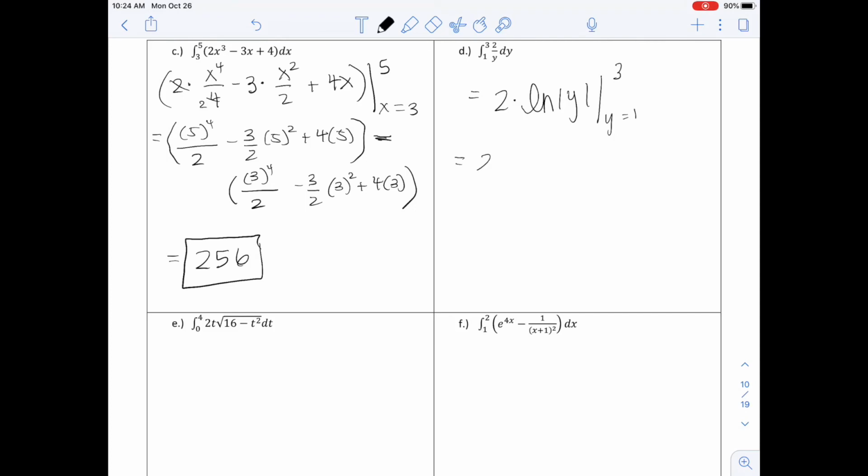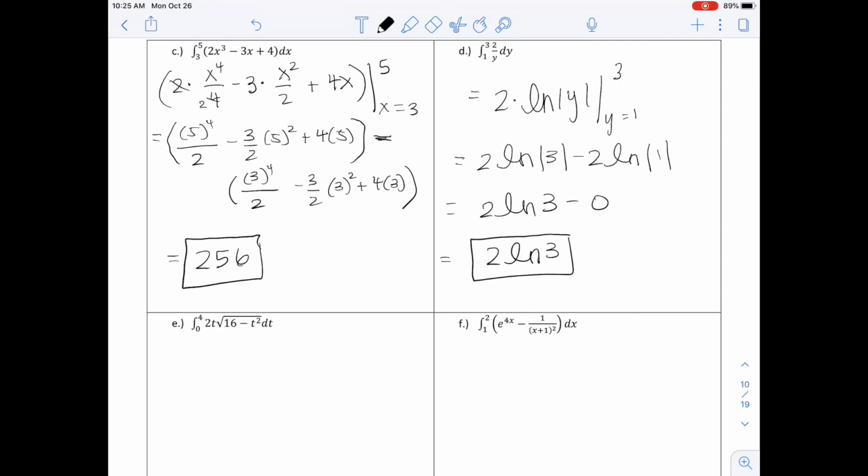From here, using the fundamental theorem of calculus, I'm going to have 2 times ln of the absolute value of 3 minus 2 times ln of the absolute value of 1. So we have 2 ln of 3 minus, and ln of 1 is just 0. So we get an answer of 2 ln 3.